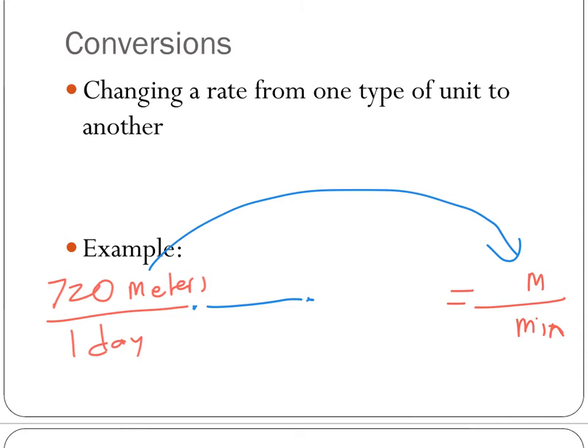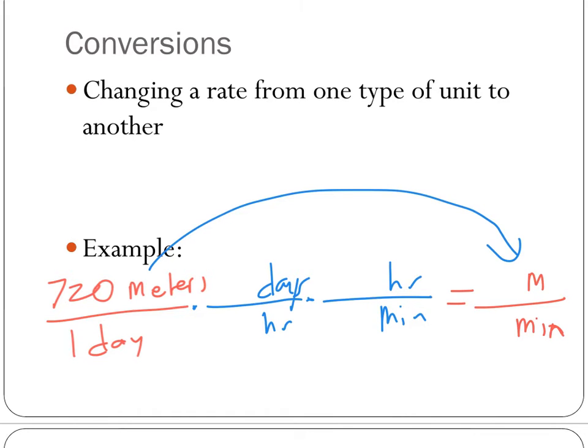This is where cross multiplication comes in really handy. Remember with fractions you can cross cancel. So I'm going to change days into hours, then change hours into minutes. This is what we call unit analysis.